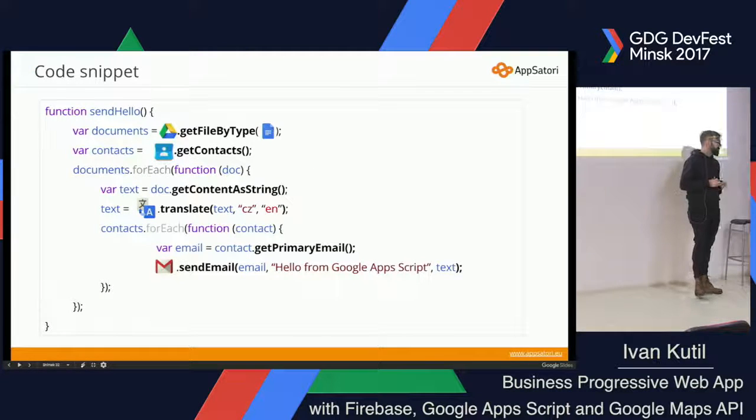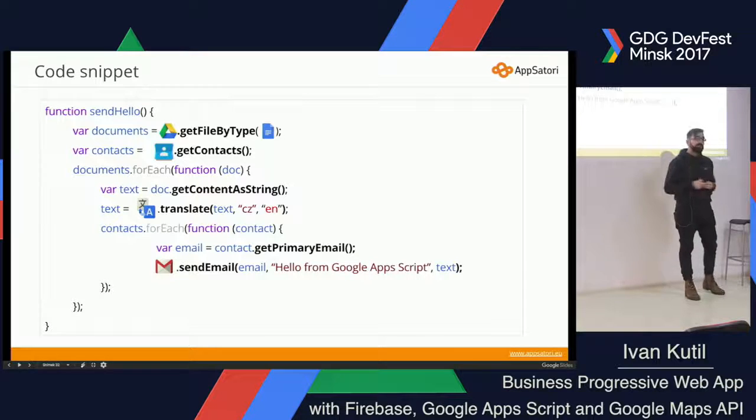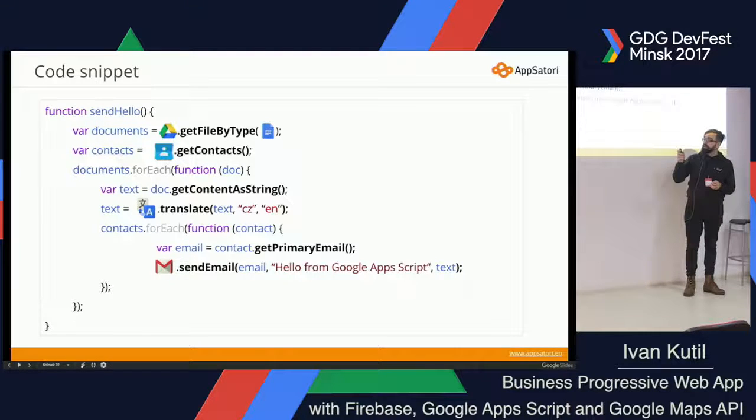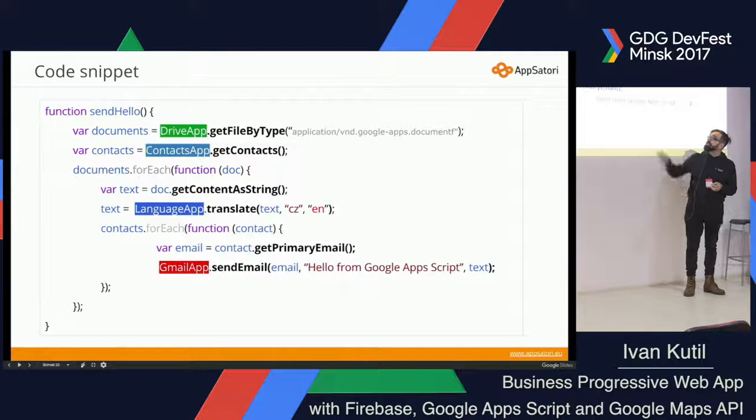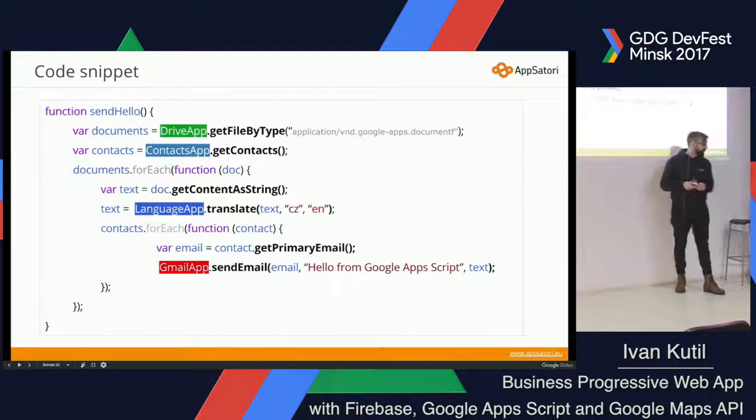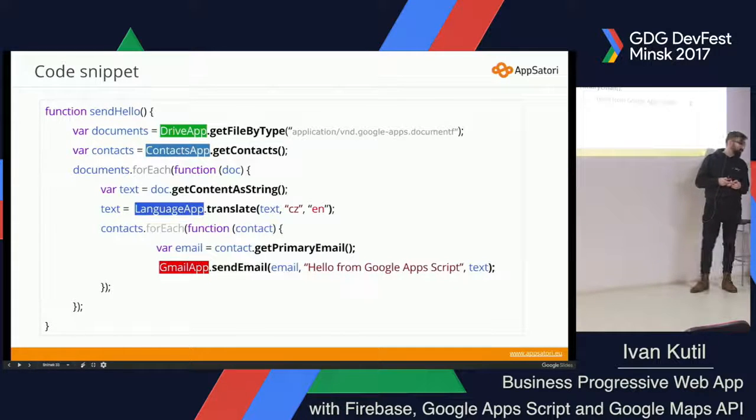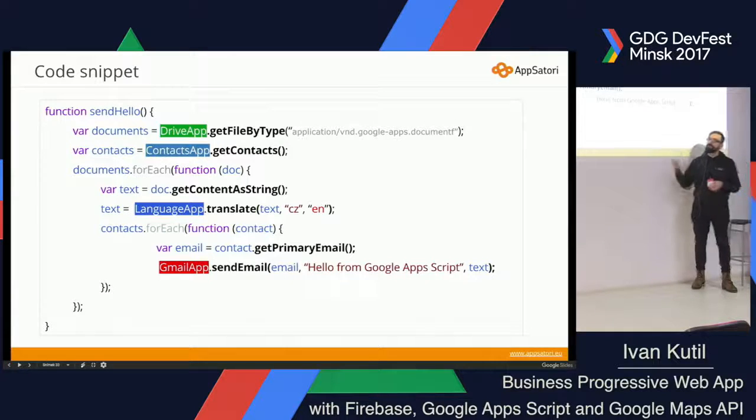Here is a simple code snippet. Imagine Google services instead of these images: first I get documents from my Google Drive, get the content, iterate over the document, translate from one language to another, then iterate over the contacts and send an email to each of my contacts. So it's very easy to learn and easy to use.